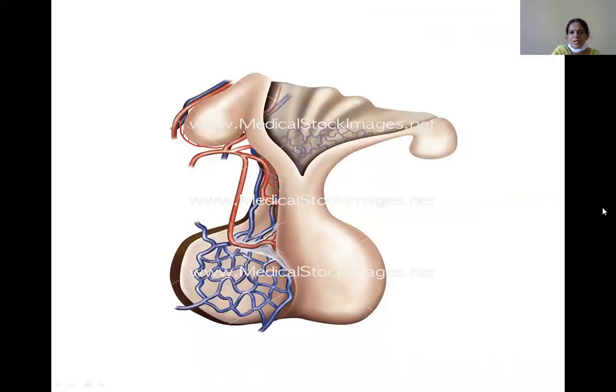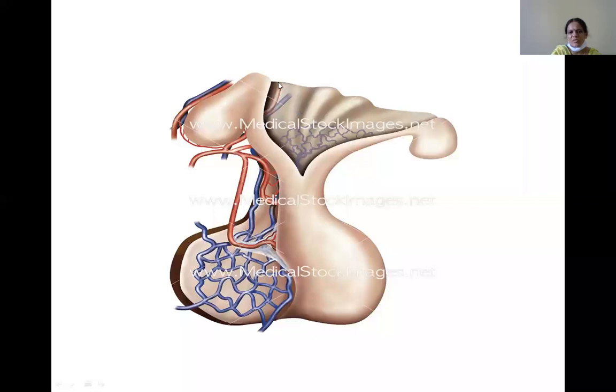So just by seeing this, you can easily make out that this is the hypothalamus, this is the pituitary. The hypothalamo-hypophyseal portal system is the connection with the anterior pituitary, and the connection with the posterior pituitary is through the hypothalamo-hypophyseal tract. These are the nerve terminal endings which take part here.